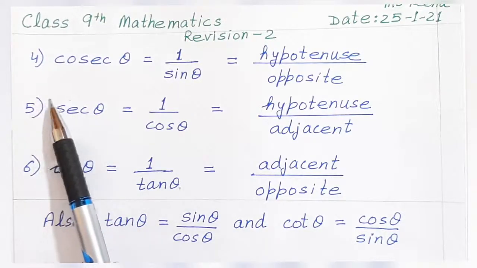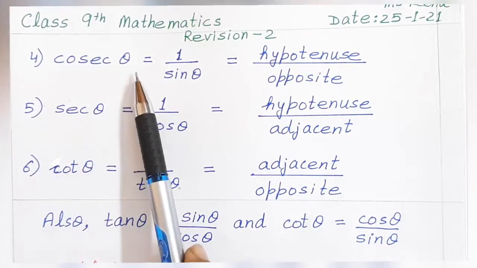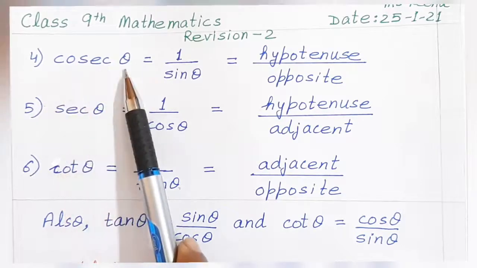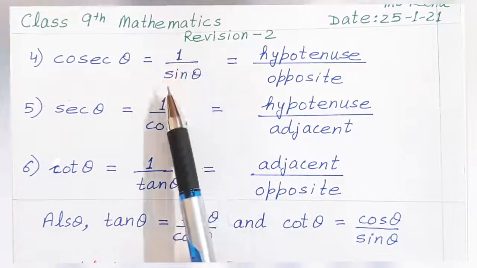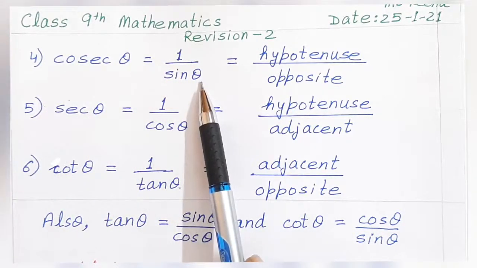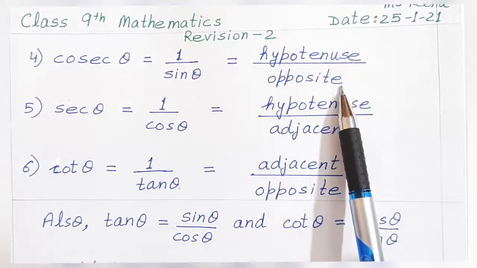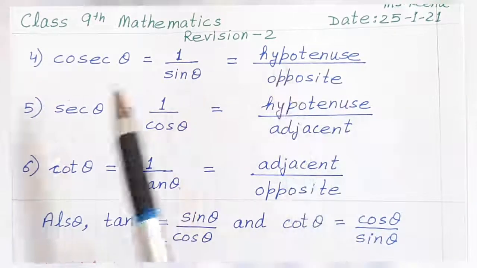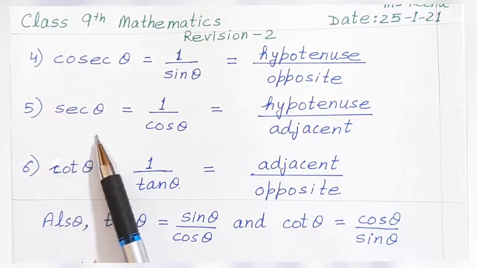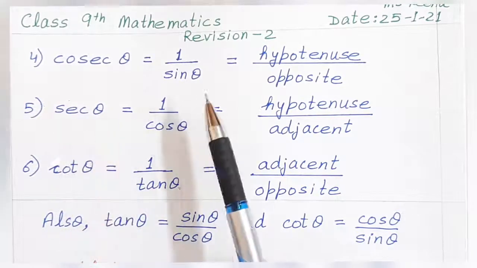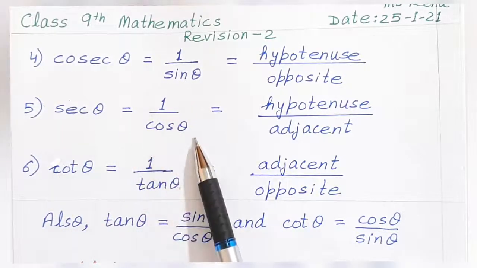Now the next is cosecant theta. Cosecant theta is 1 upon sine theta. So that is equal to hypotenuse upon opposite side. Clear? Next is secant theta. Secant theta is 1 upon cos theta.